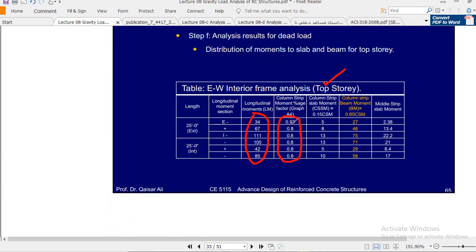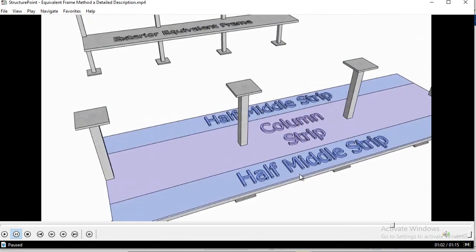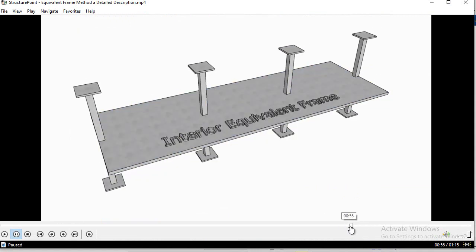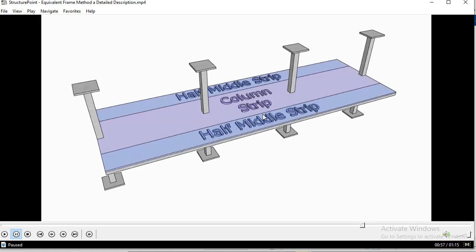And remember this 93, this is basically 93%. What does it mean? This is a very important point. You must understand this point. Remember, once you have the interior equivalent frame, we divide the slab into two parts, the column strip and half middle strip.